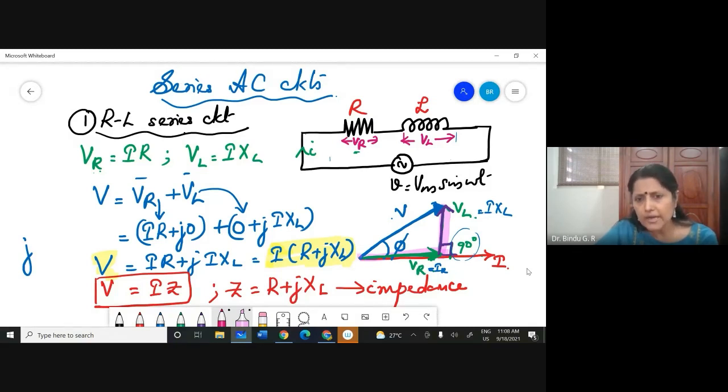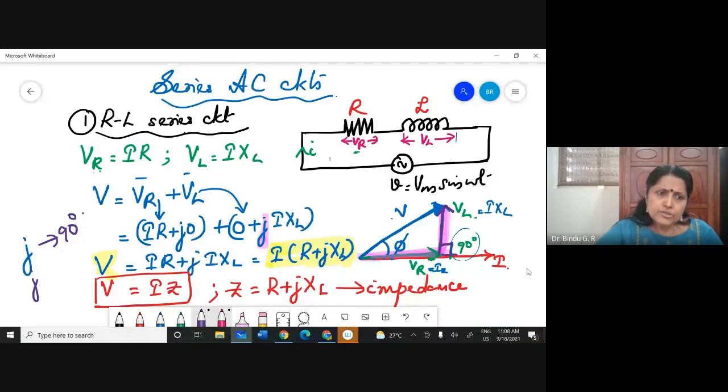I can only add them vectorially, or VR plus, to show a 90 degree shift, XL. I have to show VL like this. For XL, I have to introduce a J operator. Now J shows a 90 degree shift.